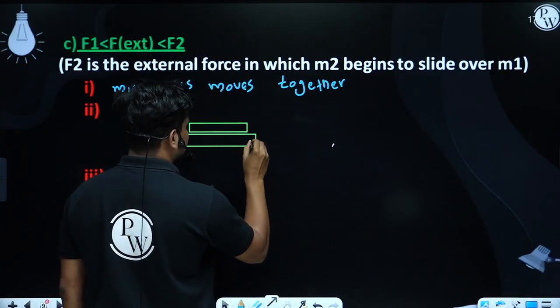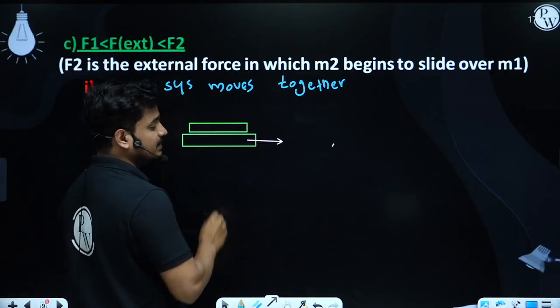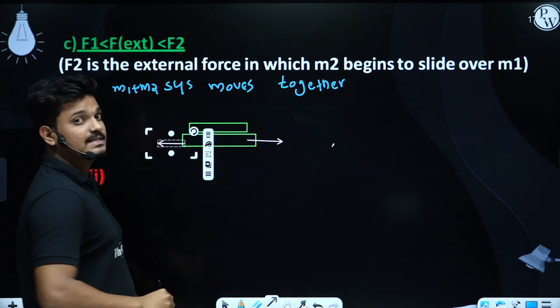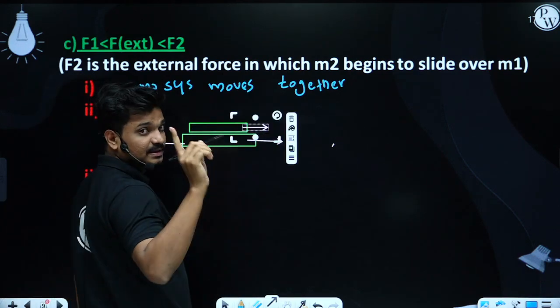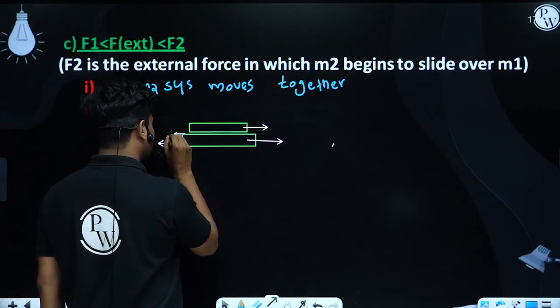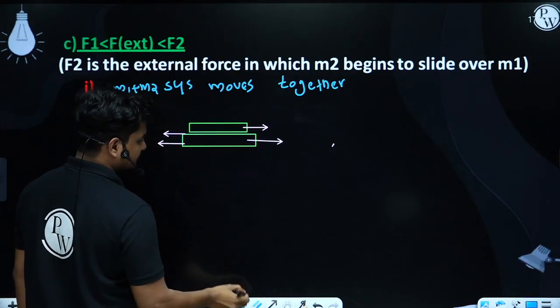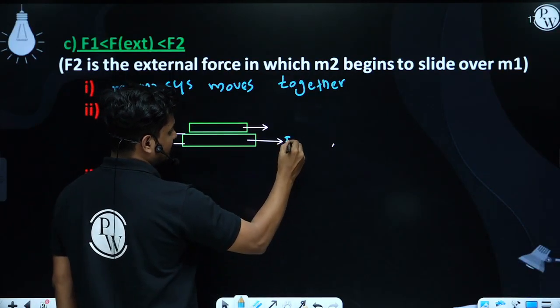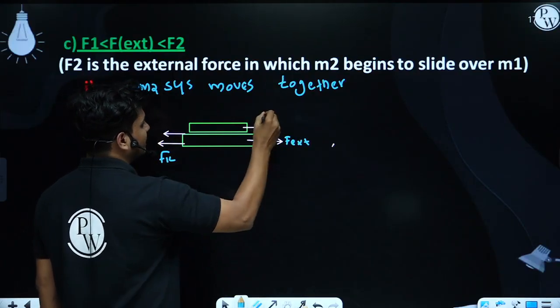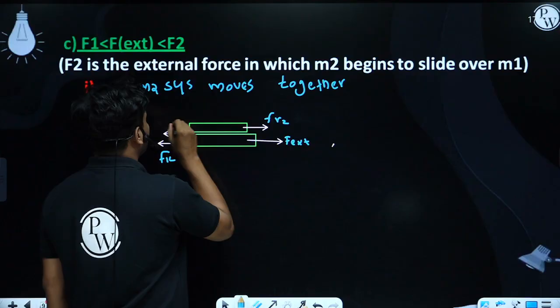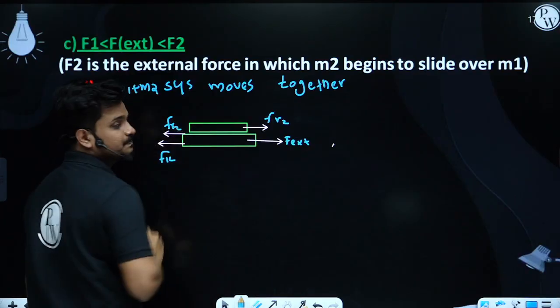This is our F external force. This FR1 has already reached the limiting value. Then this is also moving, so it has a frictional force. Then this is the reaction force. This is our F external, and FR1 has already reached the limiting value. This is our FR2, and this is also our FR2.